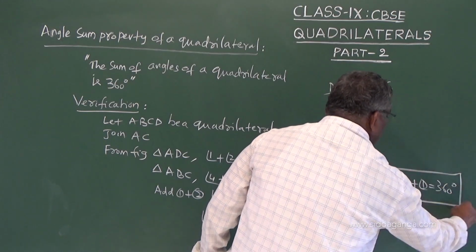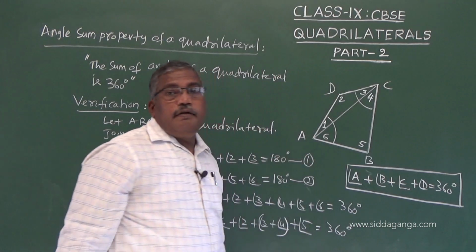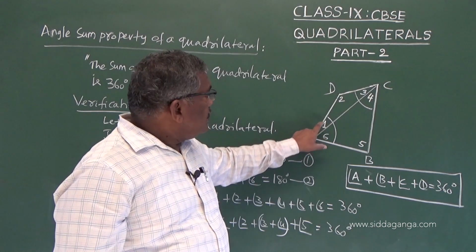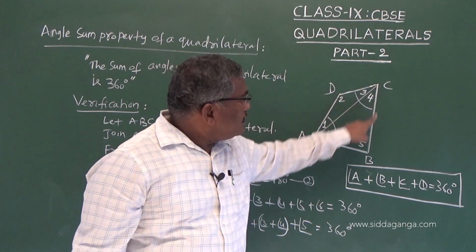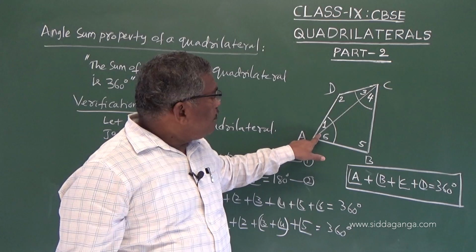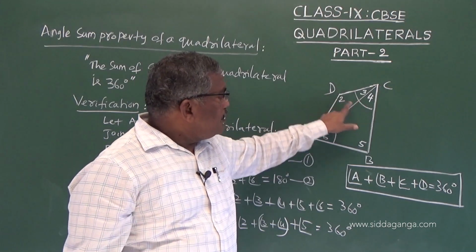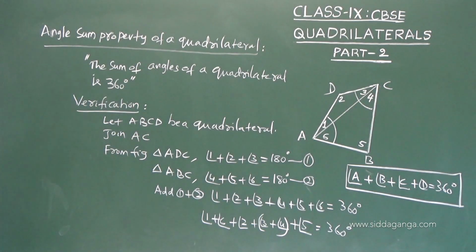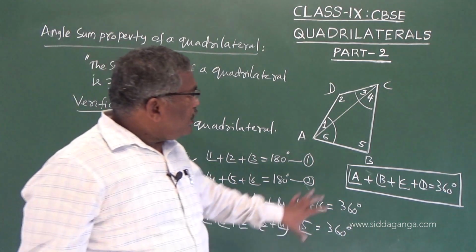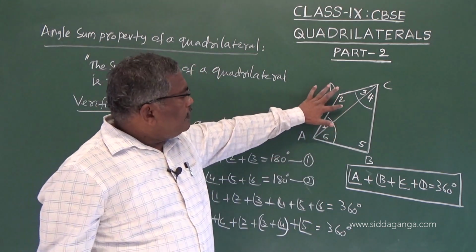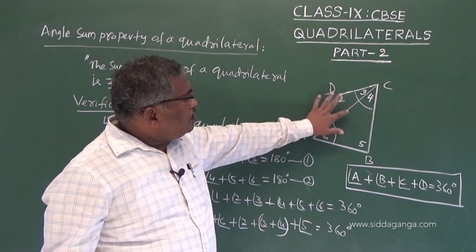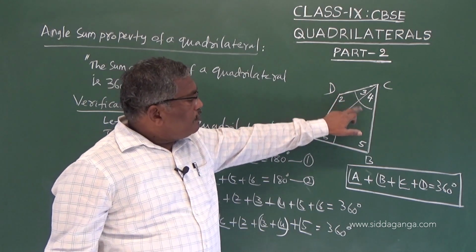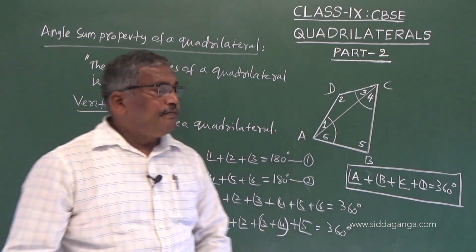So this is the angle sum property of the quadrilateral. Therefore, angle A plus B plus C plus D is equal to 360 degrees. So for any quadrilateral, the total interior angle, we have divided this into two triangles, 180 plus 180, so the total is 360 degrees.